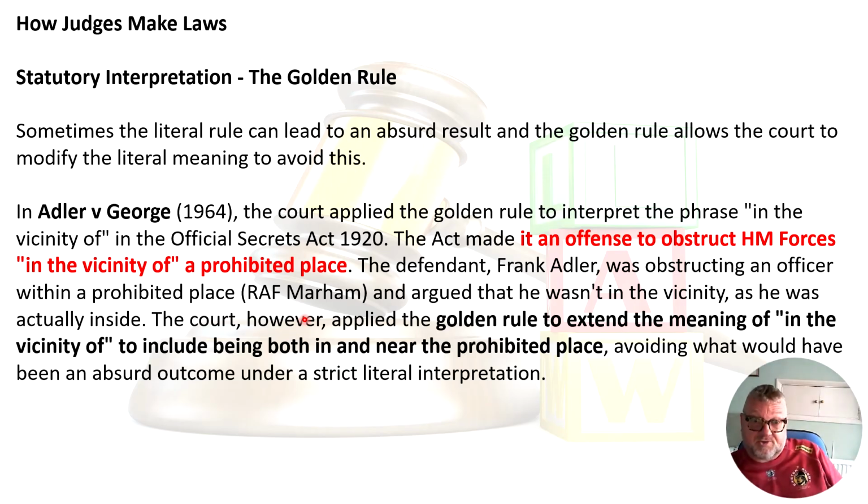If you were applying the literal rule, probably he's not guilty because he's not in the vicinity of, he's in it. The court, however, said, oh, don't be so stupid. We're extending the meaning of in the vicinity of to include both in and near the prohibited place. So therefore, he was guilty, otherwise you would get an absurd outcome under a strictly literal interpretation. So there you go, found guilty.